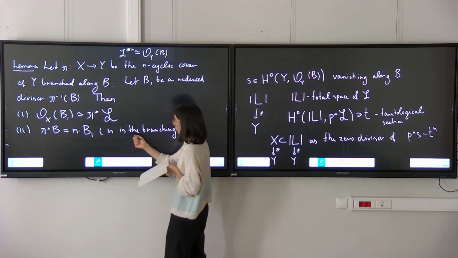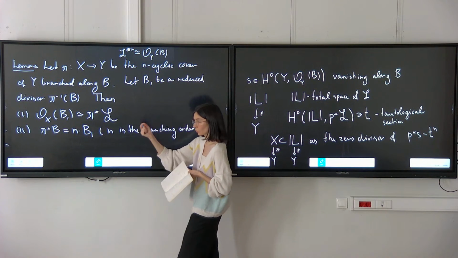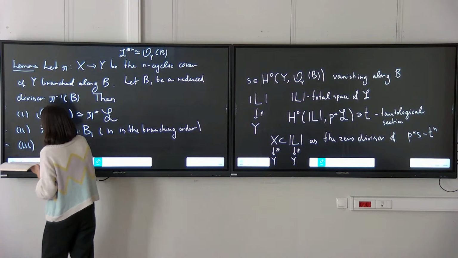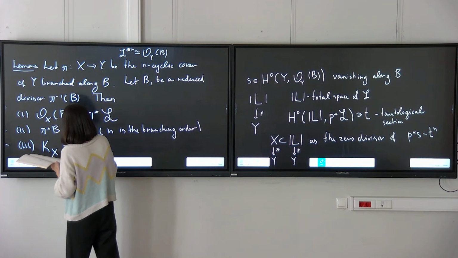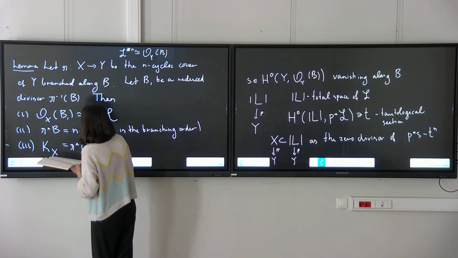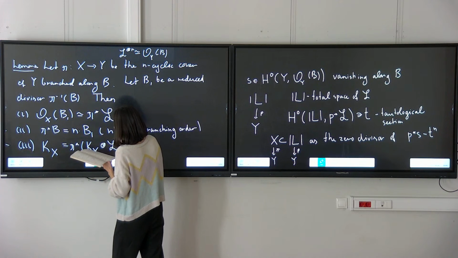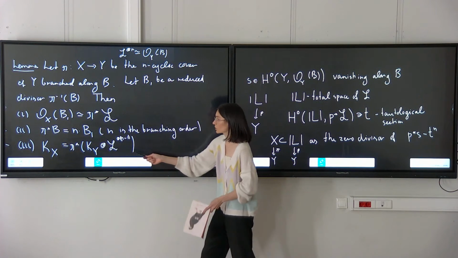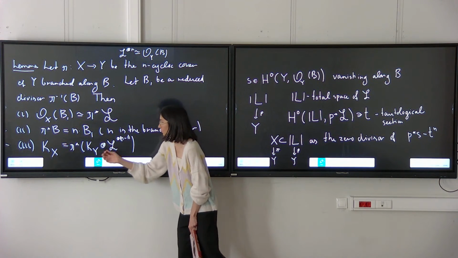And this is more or less obvious because over B we have n points glued together. And the third formula that we used when we discussed Kummer surfaces is that K_X is the pullback of K_Y tensor O times (n minus 1) B1. And I write down these two things just because this is a consequence of what we proved before.